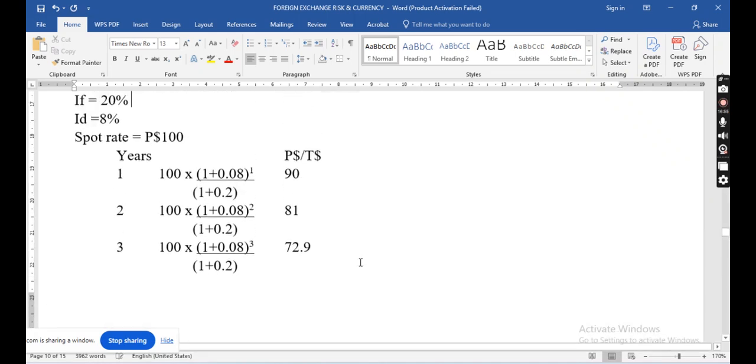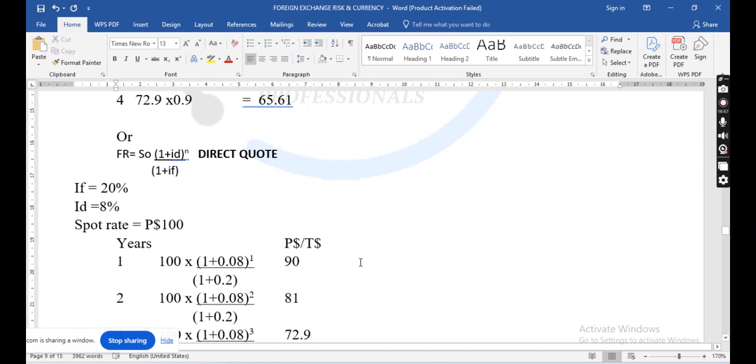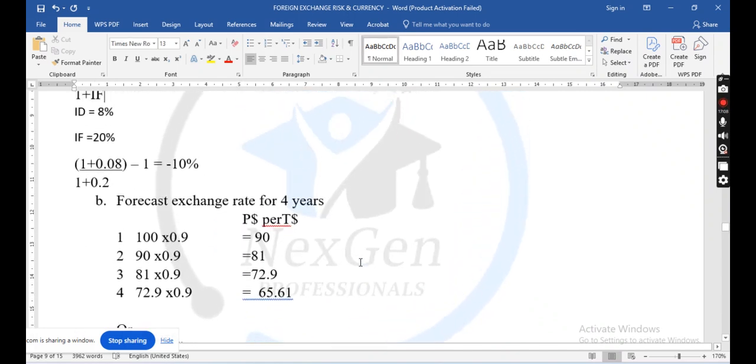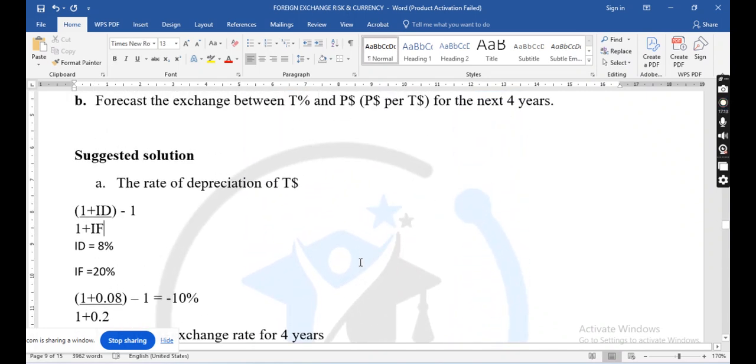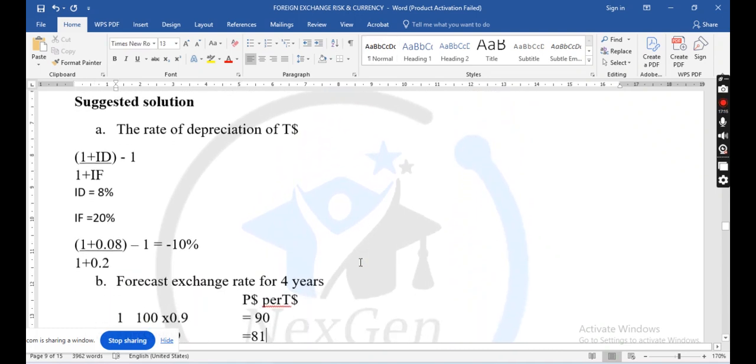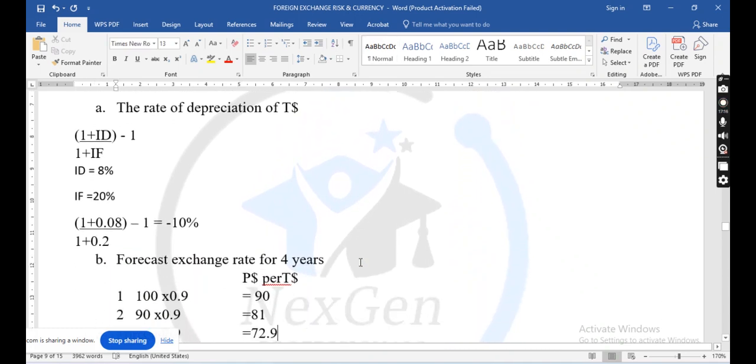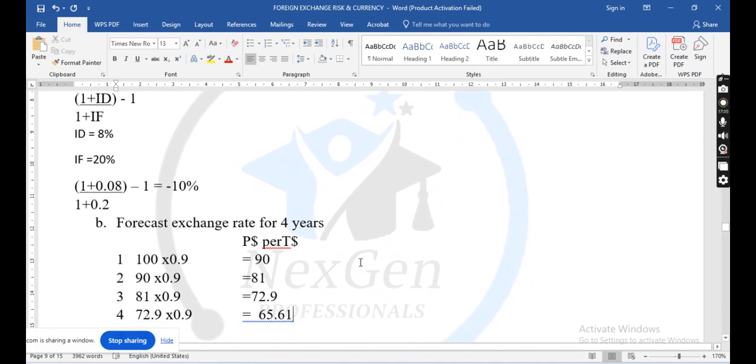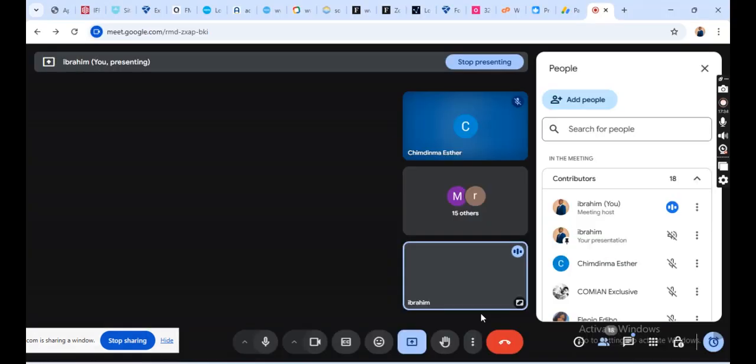Now, why do we have to go through this route? It's because the country's spot rate will depreciate by 10%, and you want to forecast. Now, Favor, you want to embark on an international investment.